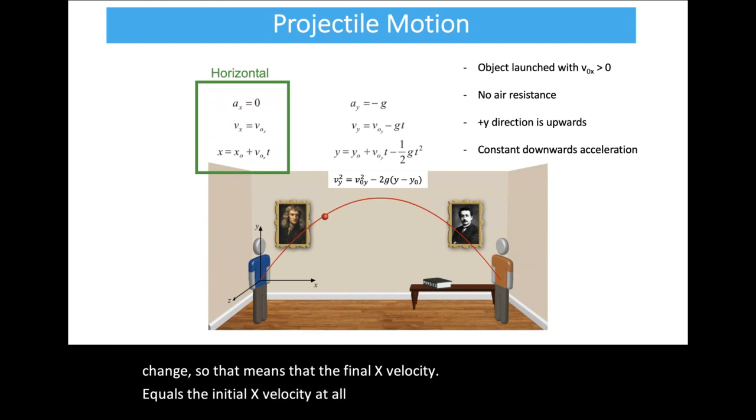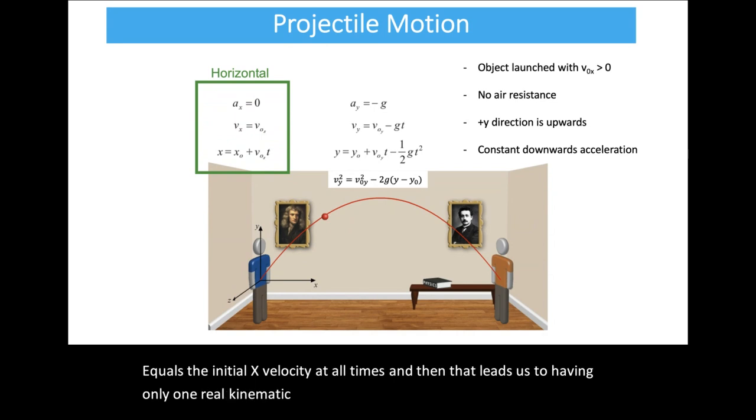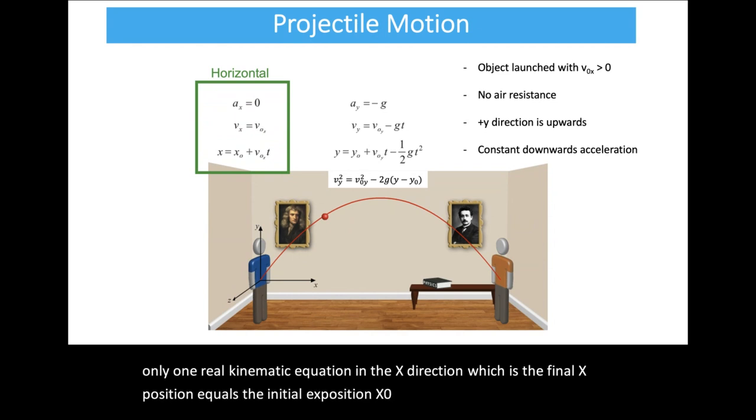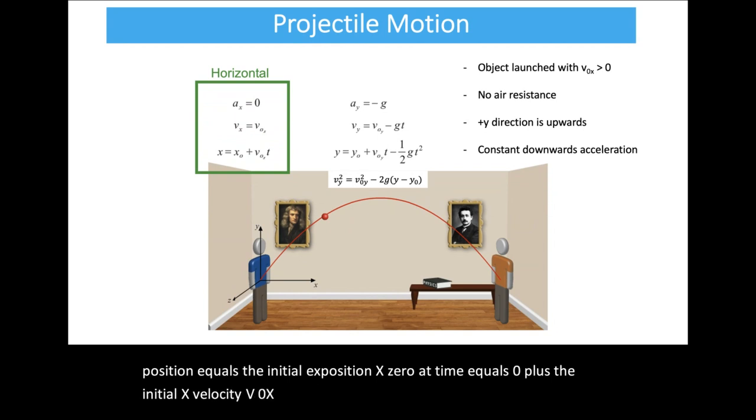And that leads us to having only one real kinematic equation in the x direction, which is the final x position equals the initial x position, x0 at time equals 0, plus the initial x velocity, v0x, times the time elapsed. Okay, so that's what we have for horizontal motion.